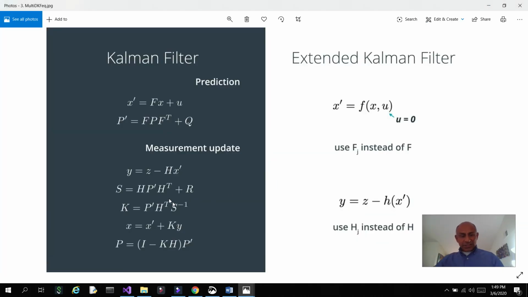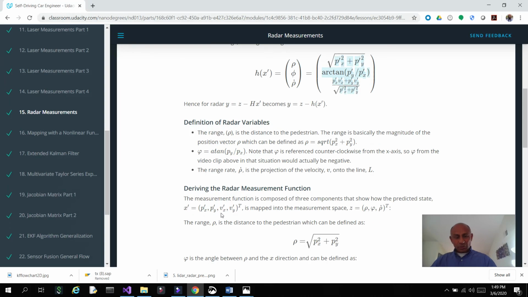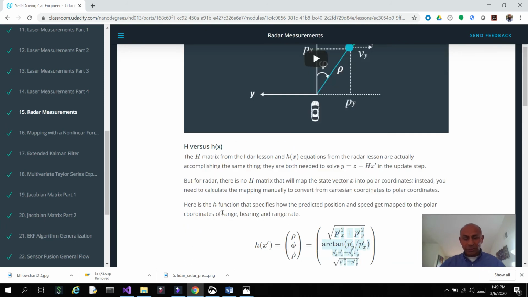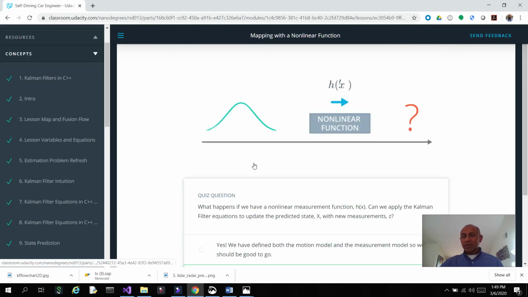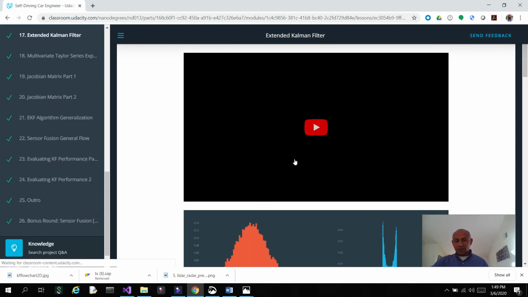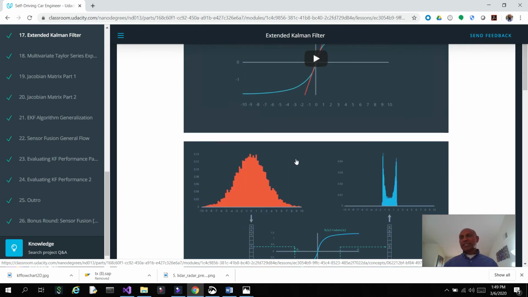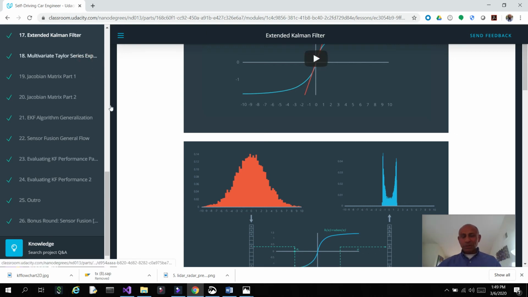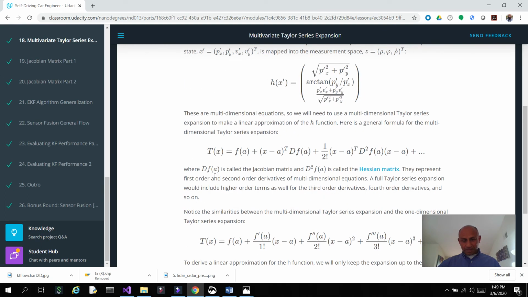So now another change is this H matrix here, which is used in S, K, and P. This H matrix needs to be transformed for our non-linear model, and that is done using a Taylor series approximation. I won't be able to get into much detail here, but it is this formula here.